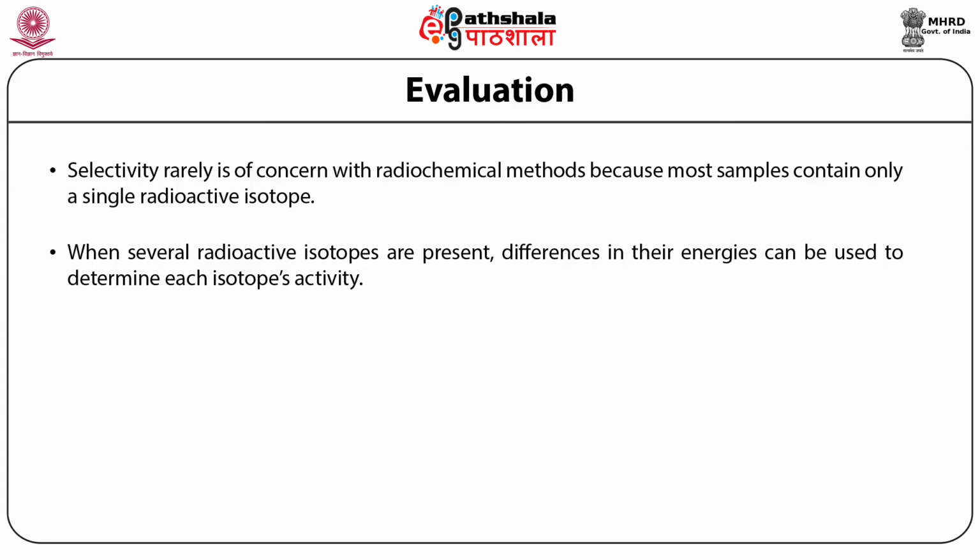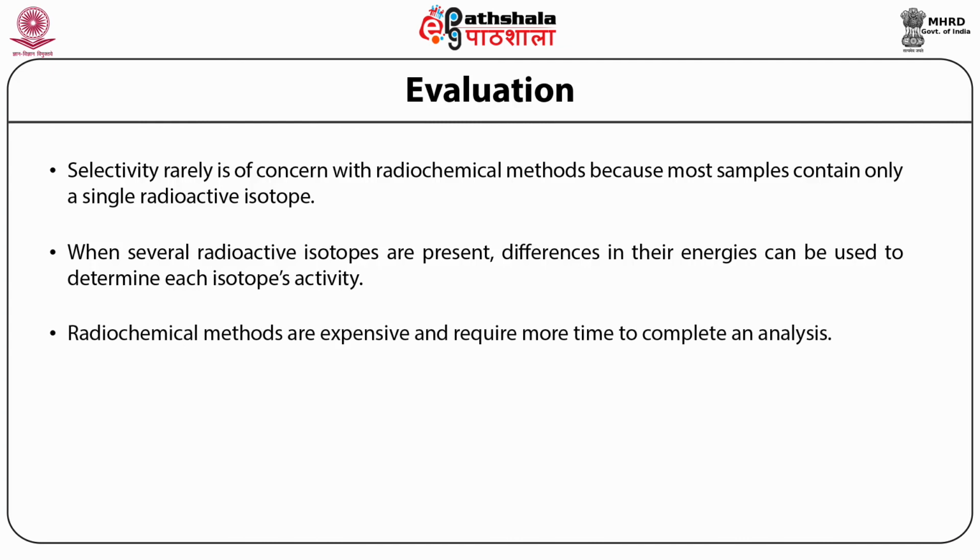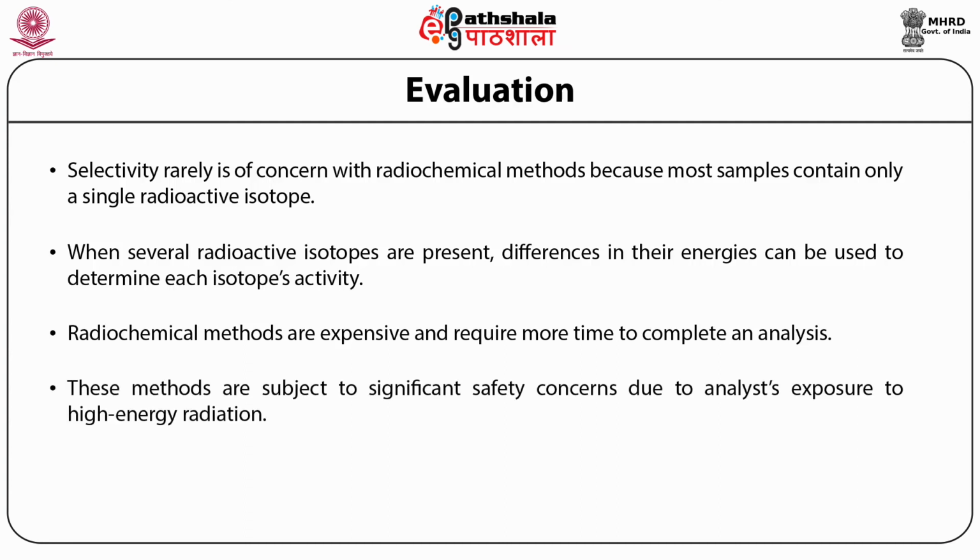In comparison with most other analytical techniques, radiochemical methods are usually more expensive and require more time to complete an analysis. Radiochemical methods also are subject to significant safety concerns due to the analyst's potential exposure to high energy radiation and the need to safely dispose of radioactive waste.